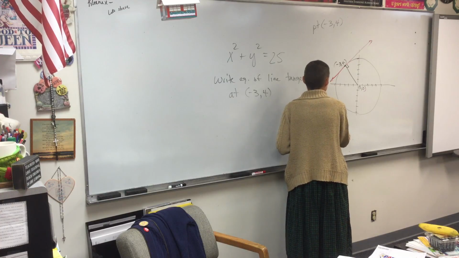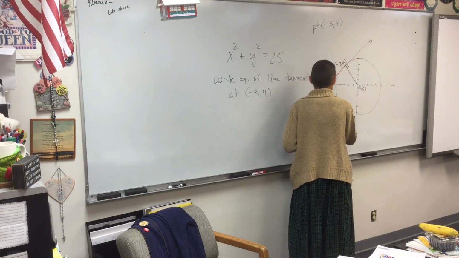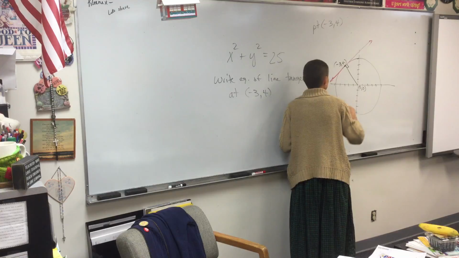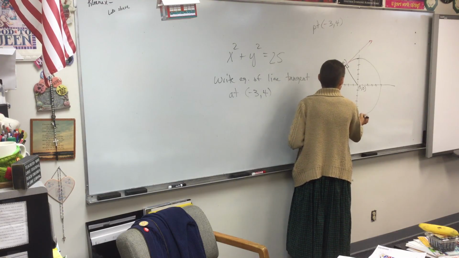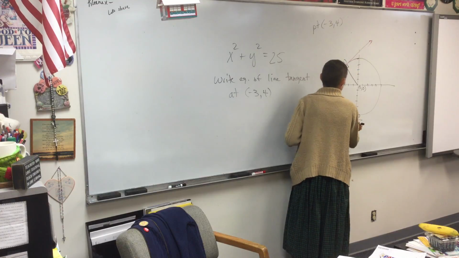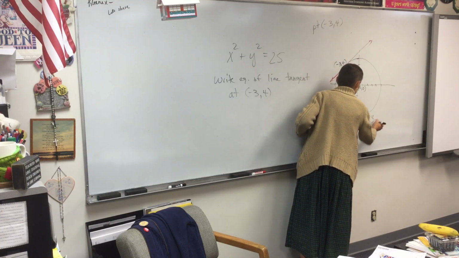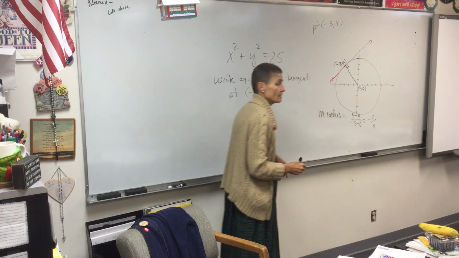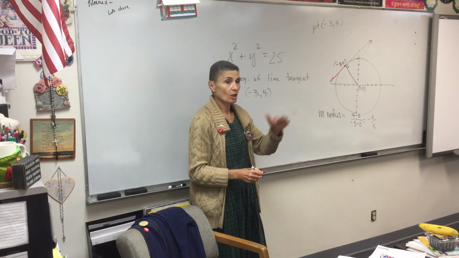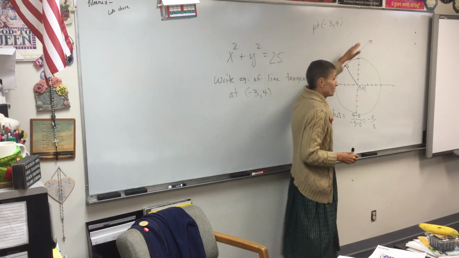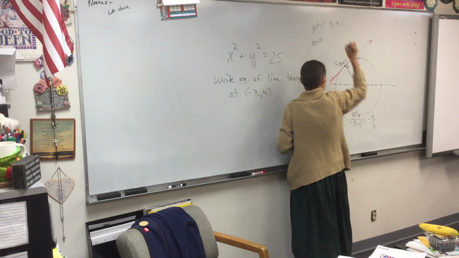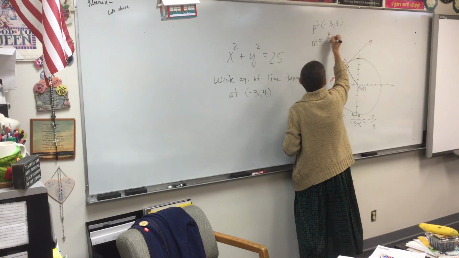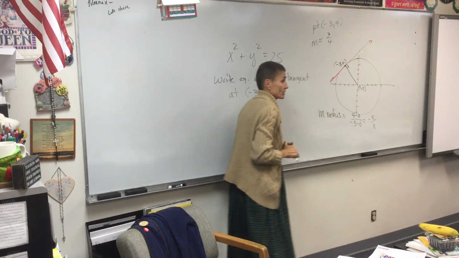So the slope of the radius, not the slope I want, would be 4 minus 0 over -3 minus 0, or -4/3. Which means the slope that I want, the red line, would be the opposite reciprocal of that, which would be 3/4.